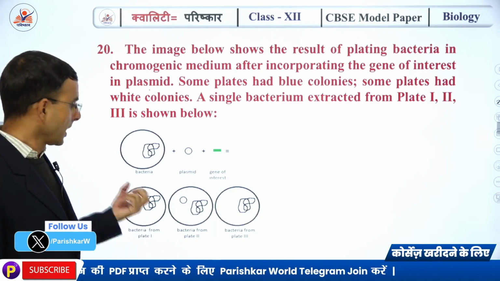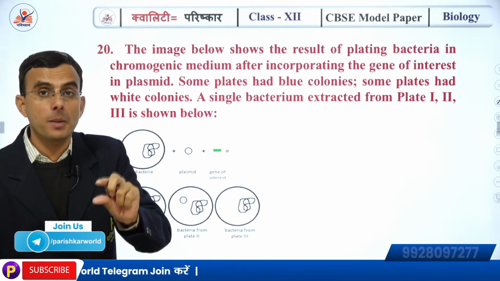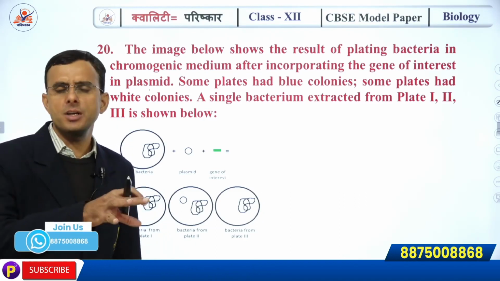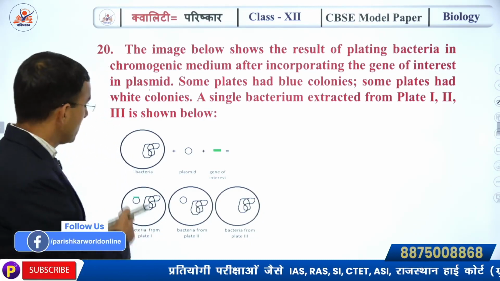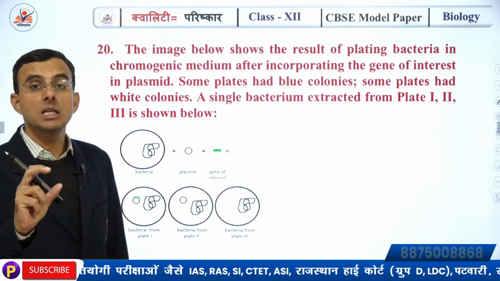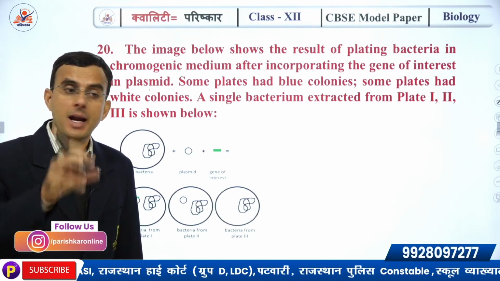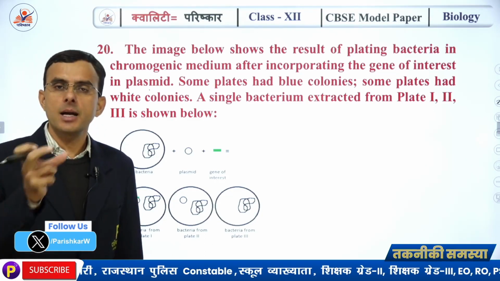Now look at this one. We are inserting that particular gene at a particular place, and how do we identify whether it is inserted or not? We insert that gene in a place which is responsible for character expression. And how is that character expressed?